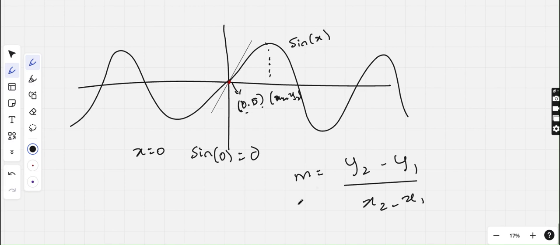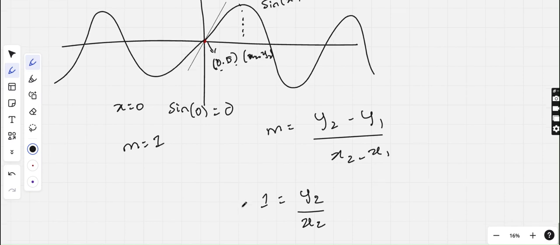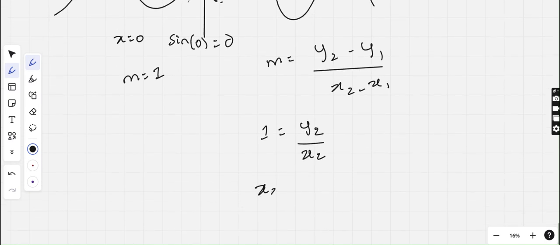After substituting, the slope is 1, and 1 equals y2 over x2, which are unknown, so I'm going to keep them as they are, but y1 and x1 are 0. So you get x2 times 1 equals y2.